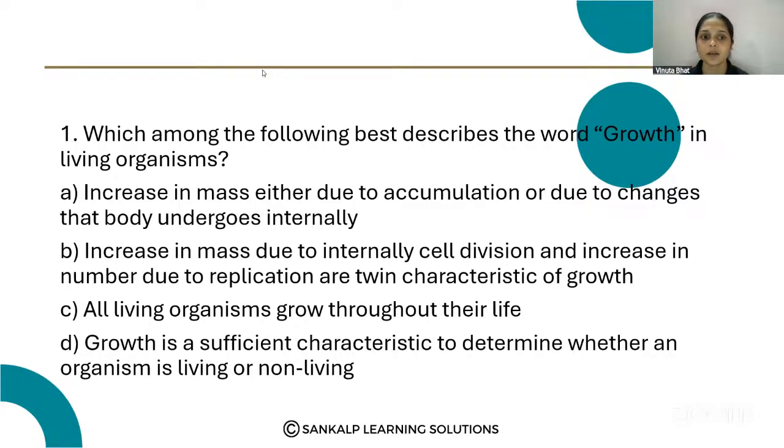Here we can say option B. Due to the cell division, the increase in the mass or number due to replication are the twin characteristics of growth. So that is the most related sentence.